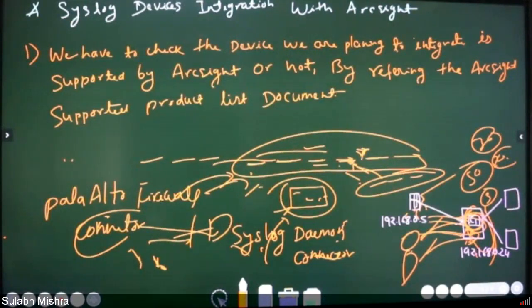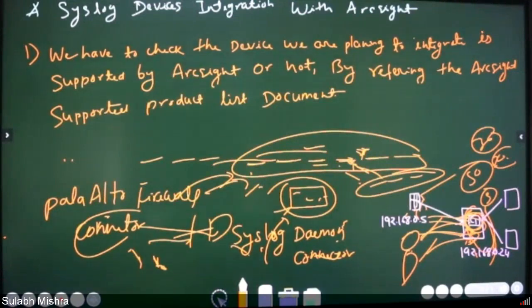One minute, I'll ask you to write. So, the first step you have written. Second step, you have to download the device integration document. You check if your device is supported. ArcSight has created a dedicated integration document for almost all devices which are supported by ArcSight.